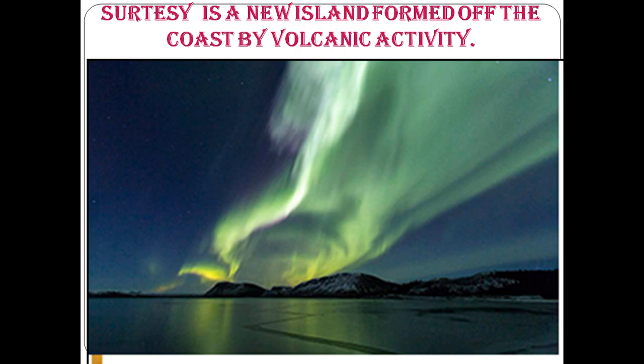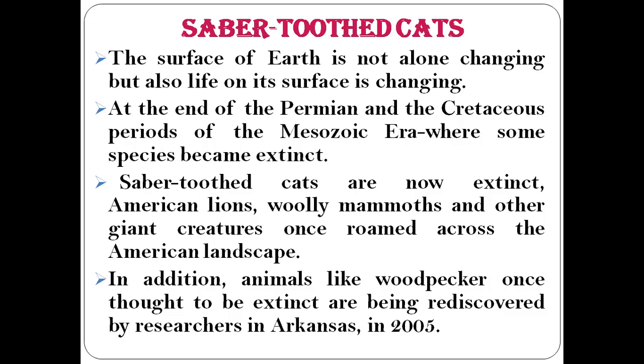Now let's move to the further part of the lesson and talk about the saber-toothed cats, which have now become extinct. Here the surface of the earth is not alone in changing, but it is also changing the life on the surface of the earth.